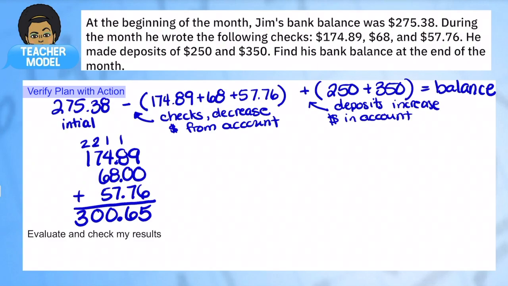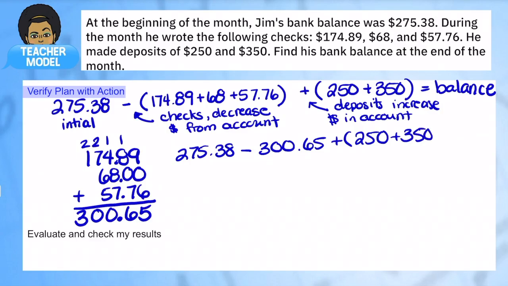It's going to be a little simpler now. So here's my second revision. So now it's $275.38 minus $300.65 plus $250 plus $350. And that's going to be my B, my balance.